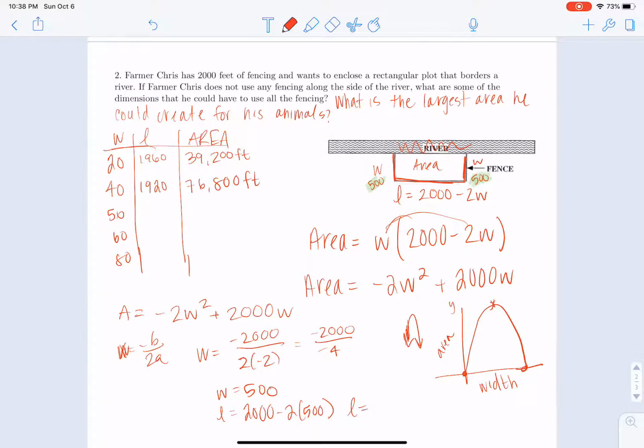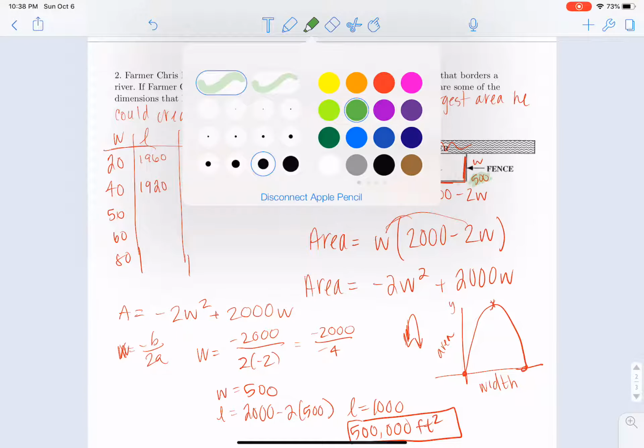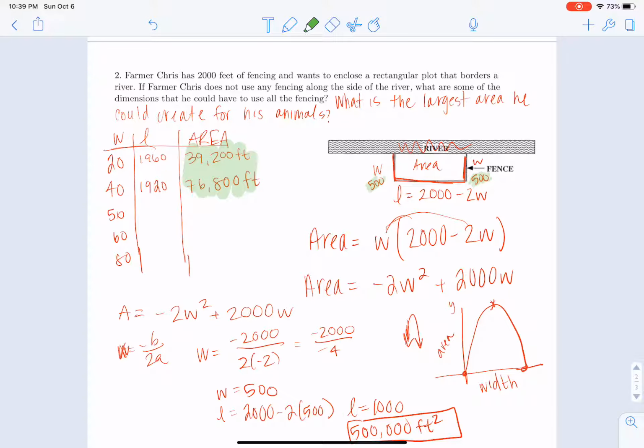So my length becomes 1,000, and my area of my rectangle becomes 500,000 feet squared. So we can compare this to these values that we started to see up here, and this area is much, much larger than what we had originally found.